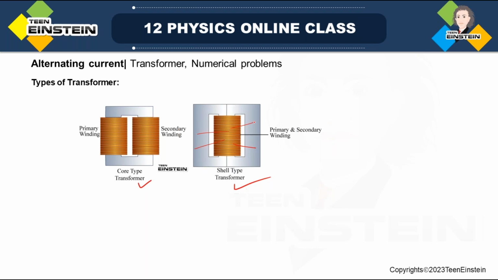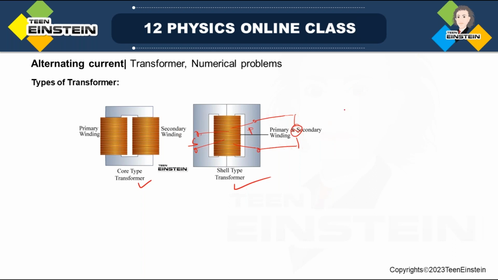These are the primary terminals, which will be connected with the AC mains, and the secondary terminals will be connected to the appliances. All right.